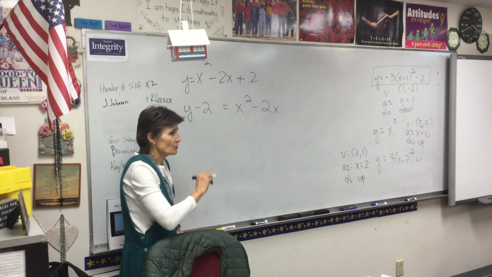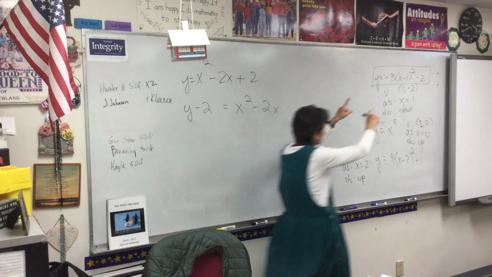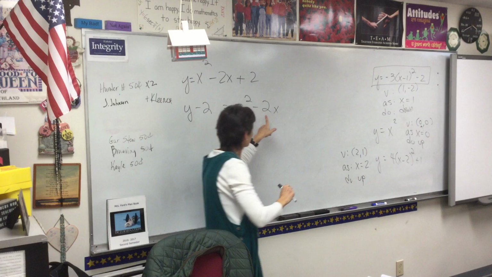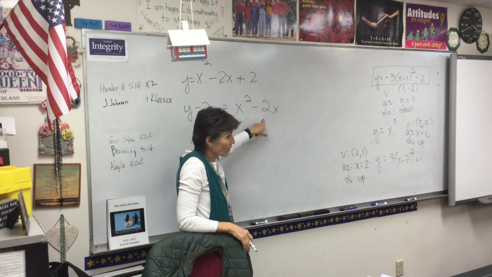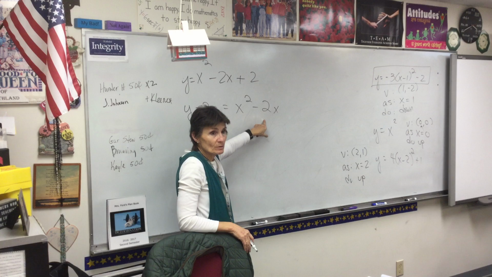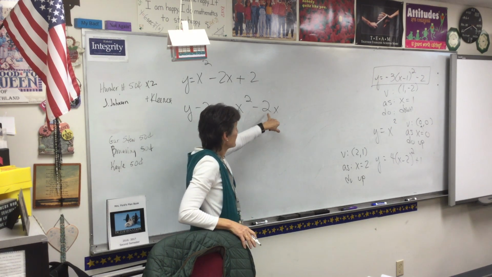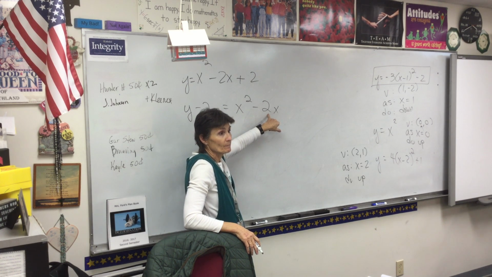Now, guess what I'm going to do? I'm going to complete the square so that I will have a quantity squared. So who remembers how to complete the square? We are on problem 4 of our notes, problem A. Remember, I take half of this and square it.